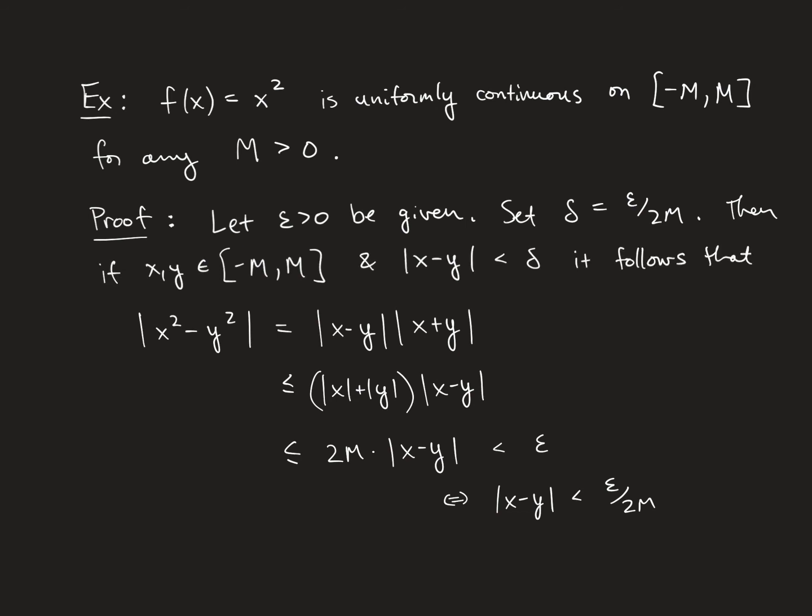Actually, this is perfect. My scratch work serves as a proof. I don't even have to touch it. Okay, so just recopy the scratch work and maybe tidy up a little bit here. This is less than, now we have our delta, which is epsilon over 2m, and that equals epsilon. Okay, so we have uniform continuity.